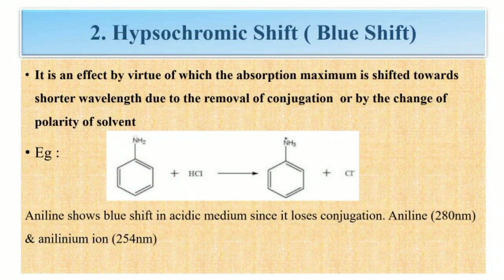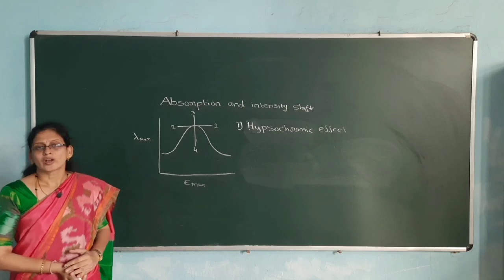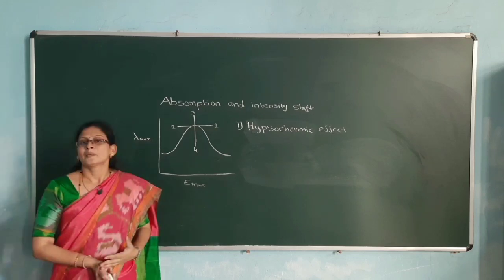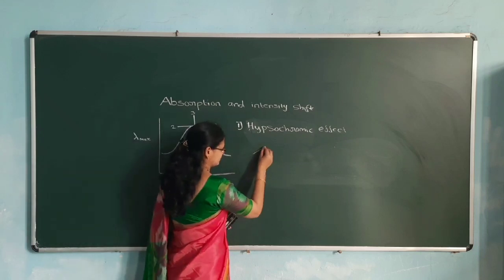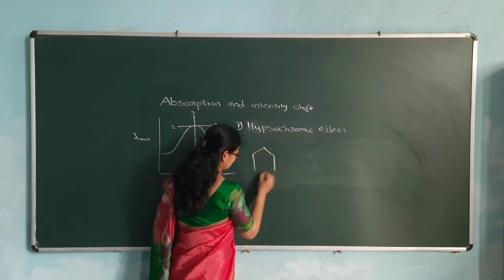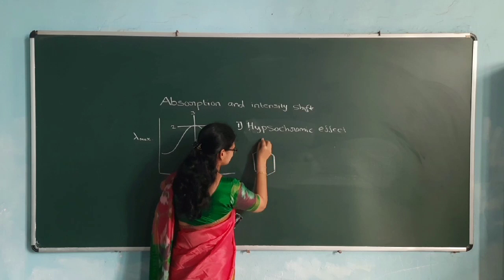So hypsochromic effect is an effect by virtue of which the absorption maximum is shifted towards shorter wavelength due to the removal of conjugation or by changing the polarity of the solvent. So it is a shift towards the shorter wavelength, so it is called blue shift. We will take the example aniline.